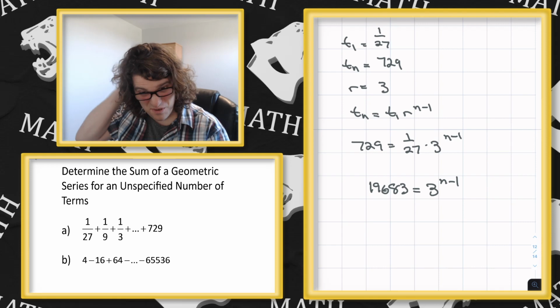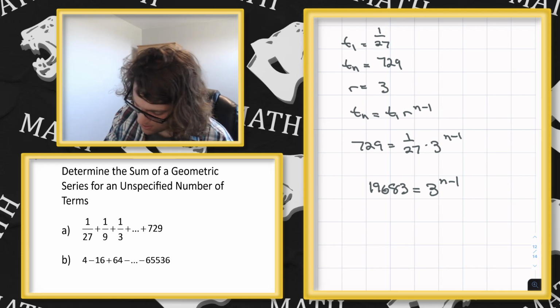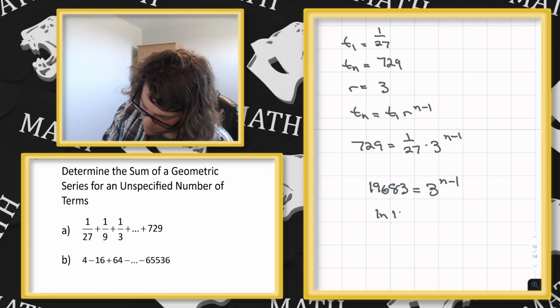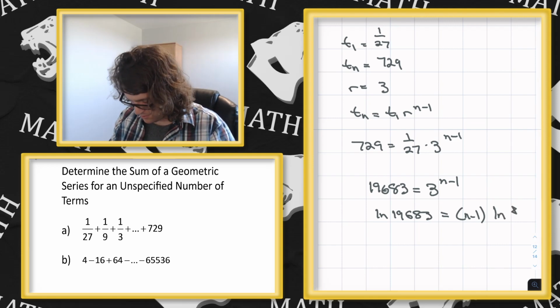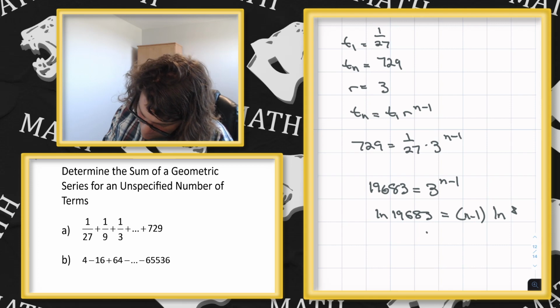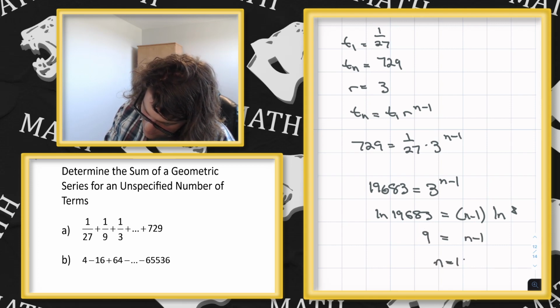Now, I'm going to use logarithms to bring that down. So the natural log of 19,683 is equal to n minus 1 times the natural log of 3. And so the natural log of that larger number divided by the natural log of 3 gives us 9. That's equal to n minus 1, which means our n is 10.